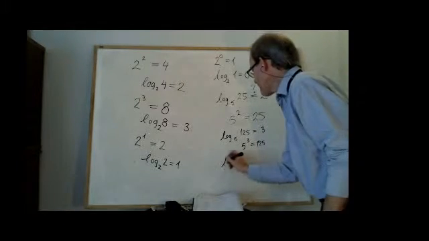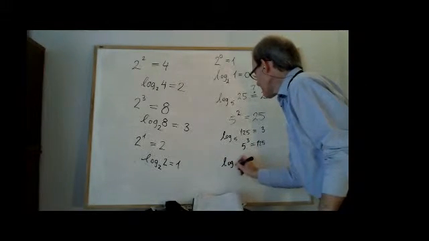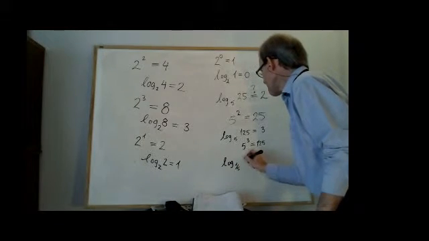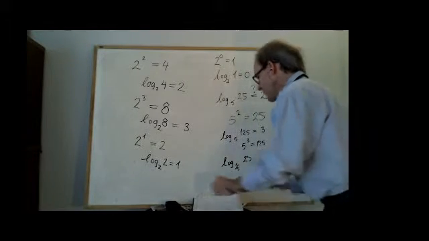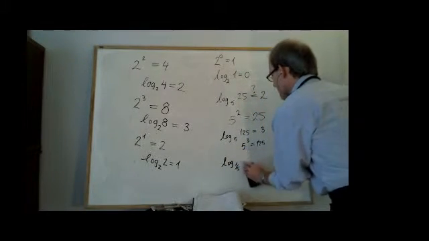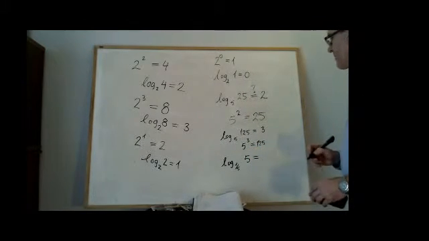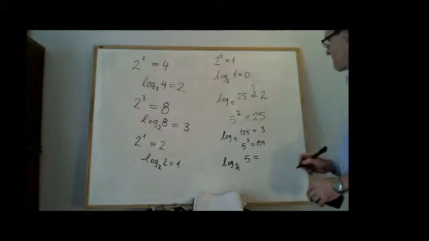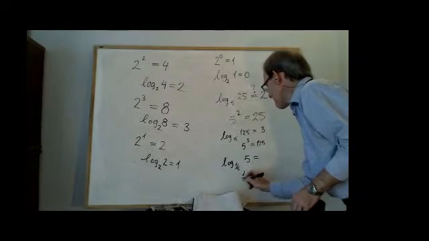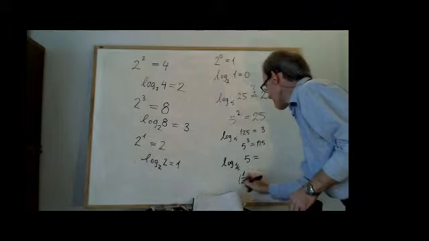Now, a trickier one. How do we evaluate this one? Log base 1 over 5 of, let's say, 25. Or let's first of all start with 5. What's the log base 1 over 5 of 5 going to be? So again, what power do I have to raise 1 over 5 to get 5?